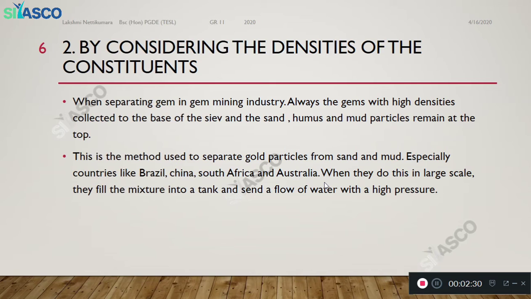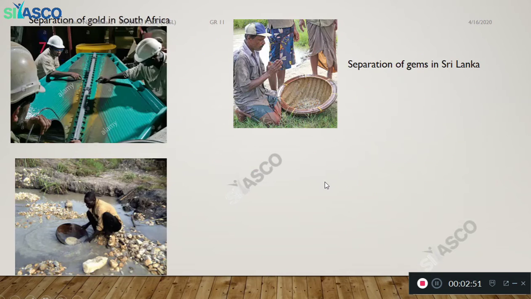Always gem remains at the bottom of the sieve as it has higher density than other particles. Not only to separate gem, some countries like Brazil use this method to separate gold from sand and mud.